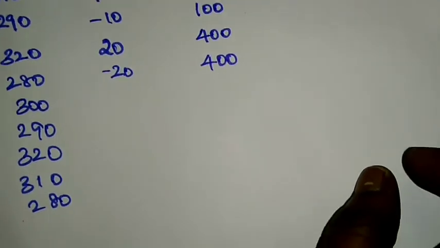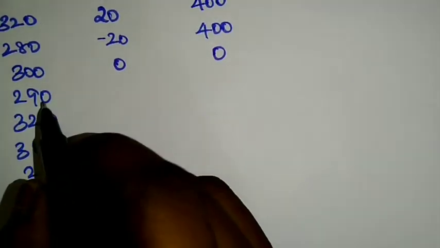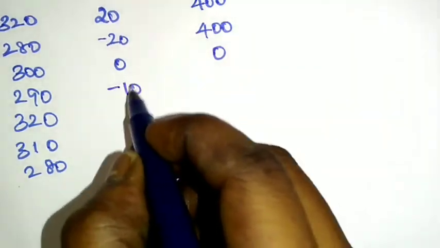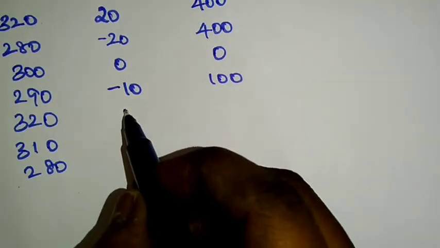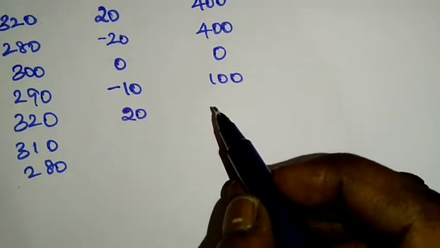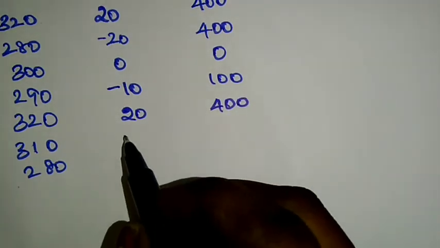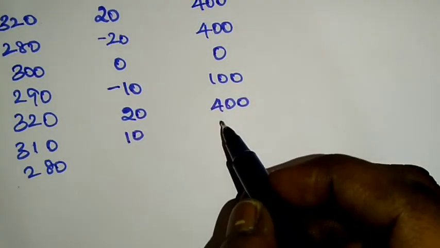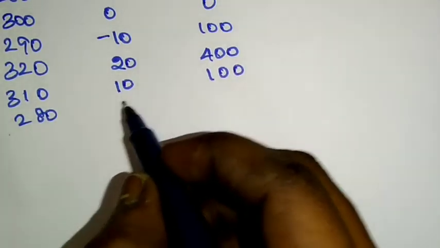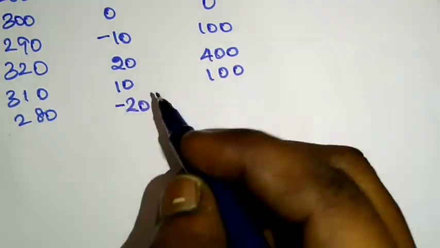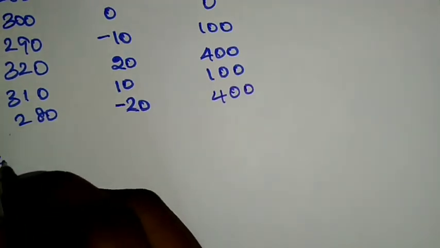Now 300 minus 300 is 0, so 0 square is 0. 290 minus 300 is minus 10, so 100. 320 minus 300 gives 20, so 400. 310 minus 300 gives 10, so 100. 280 minus 300 is minus 20, so we get 400.